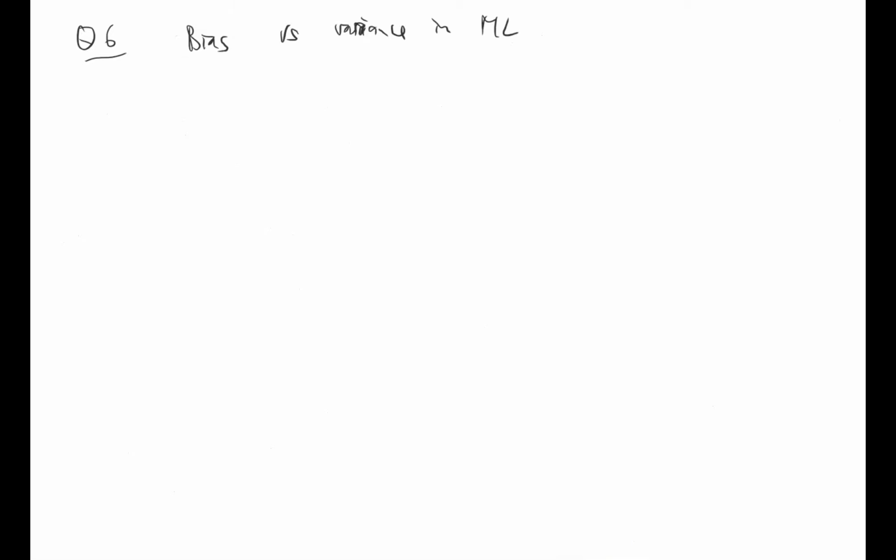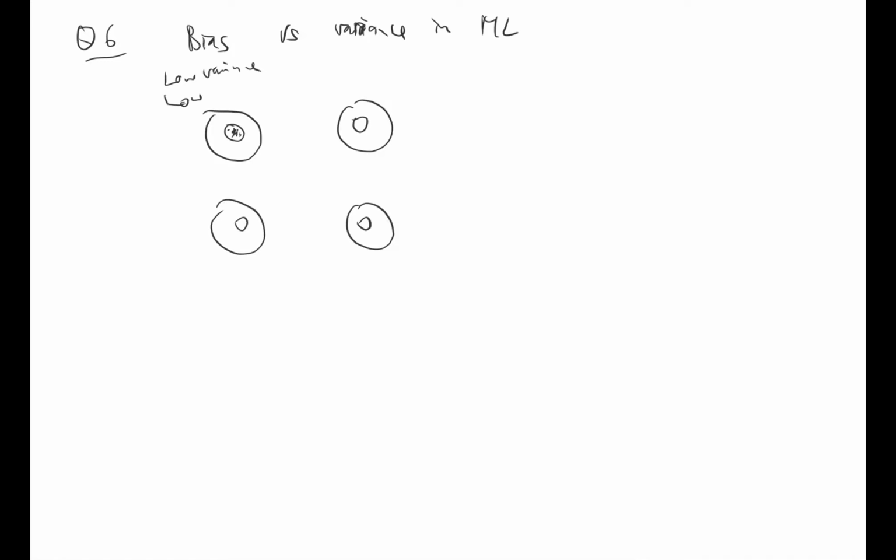Roughly speaking, I guess the best illustration would be something like that. Let's say I have these targets here, and I want to aim for this target. High bias would be something like you're not shooting near the target. Or if I'm doing really well, this is low variance and low bias.